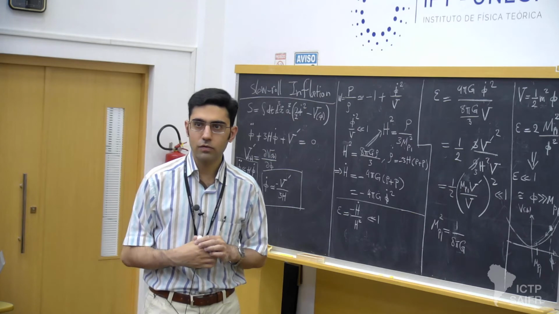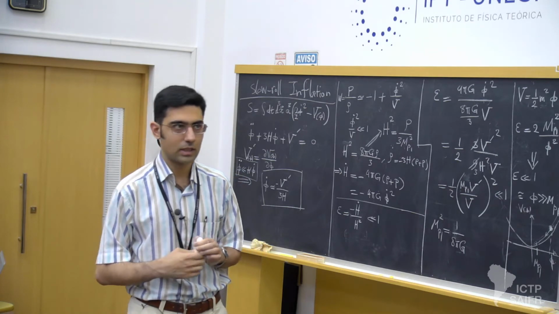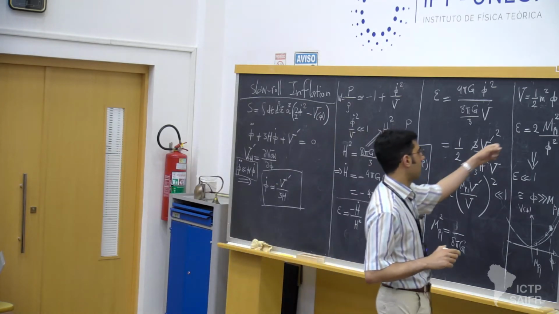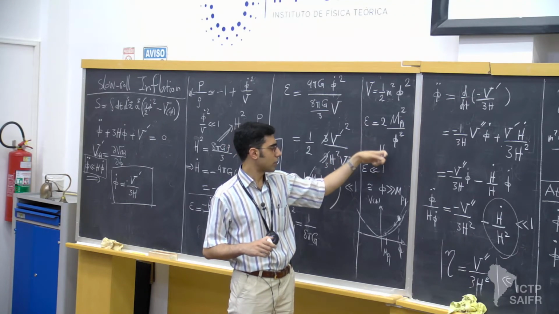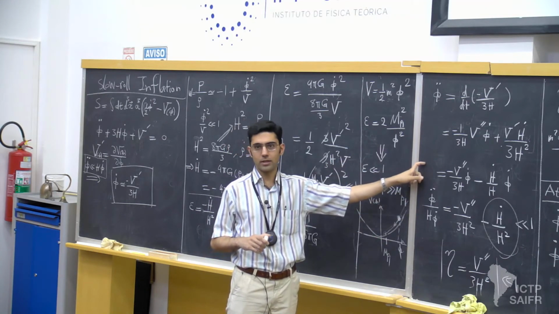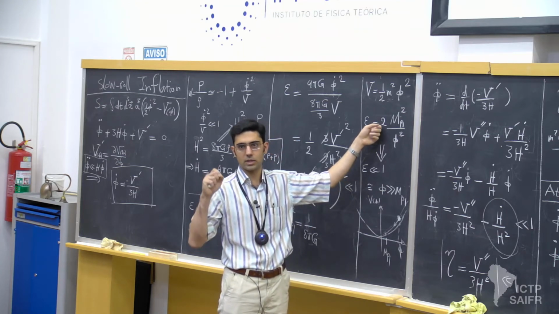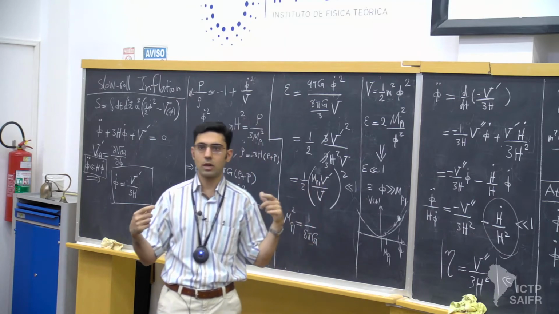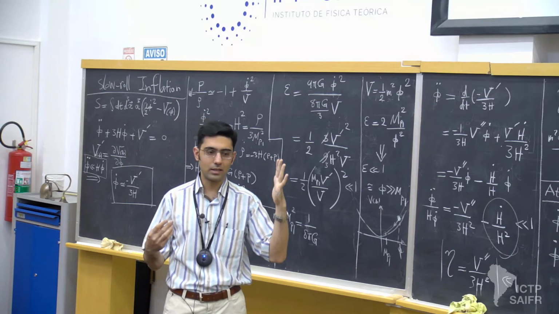And those quantum fluctuations will become larger and larger in some sense if the slow roll parameter becomes small. So at some point, as you go farther up on this potential, this epsilon parameter becomes smaller and smaller, and then those quantum fluctuations become more and more important. In a sense, you can think of it like that.